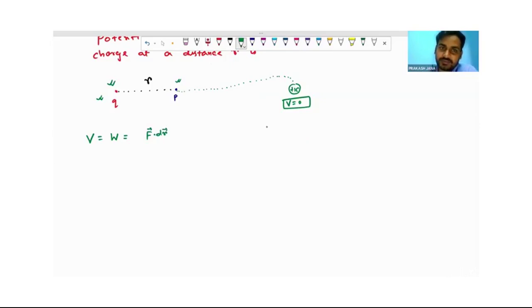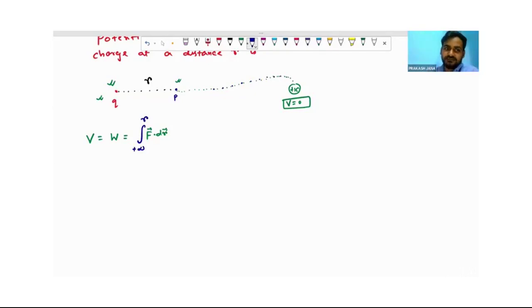But here we have to integrate it, F dot dr, because at every point on the path when the charged particle was being brought, the force is variable. That is why we have to integrate it, isn't it? What will be the limit of the integration? It will be infinity to the position r.